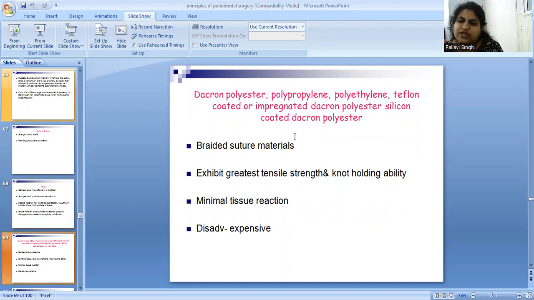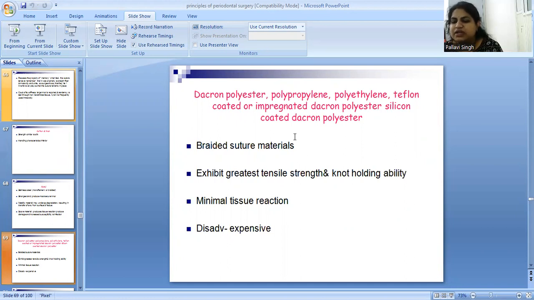Now the Dacron polyester, polypropylene, polyethylene, Teflon coated or impregnated Dacron polyester, silicone coated Dacron polyester. These are braided suture materials that exhibit greater tensile strength and knot holding ability.